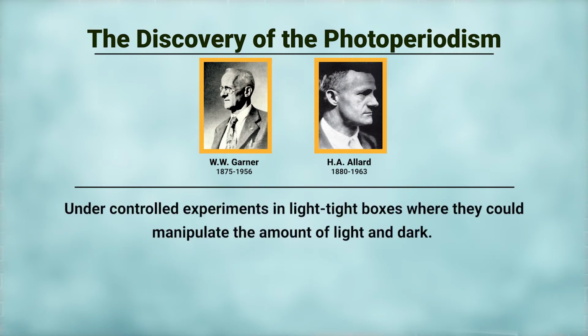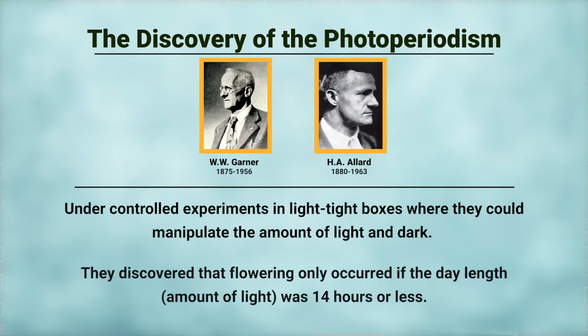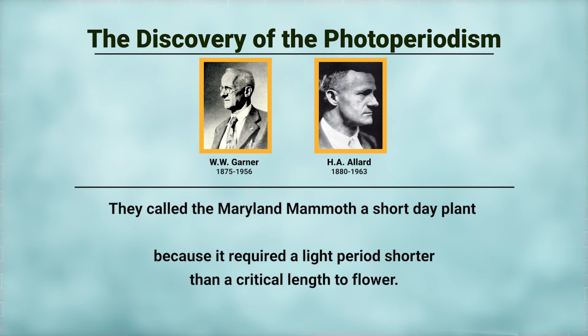Under controlled experiments in light-tight boxes where they could manipulate the amount of light and dark, they discovered that flowering only occurred if the day length was 14 hours or less.